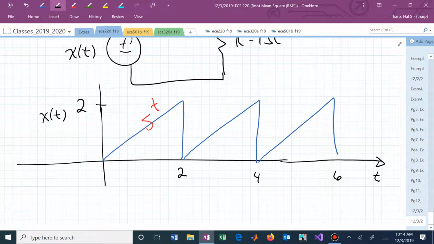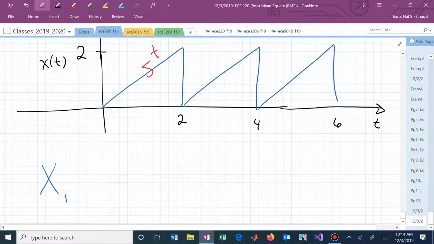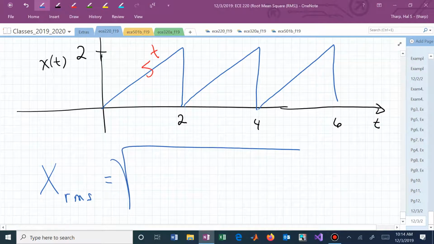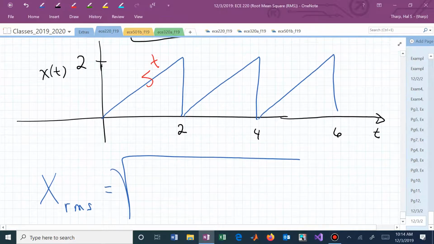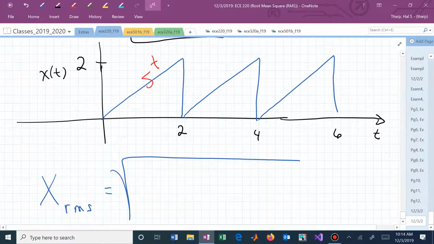How do we find the RMS value? That you should be very comfortable with at this point. Take the square root of the mean of the square of that waveform. In finding the mean, we have to find the period. Period of that waveform is 2.